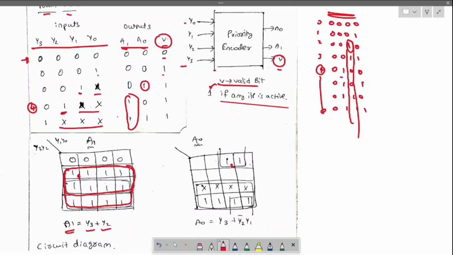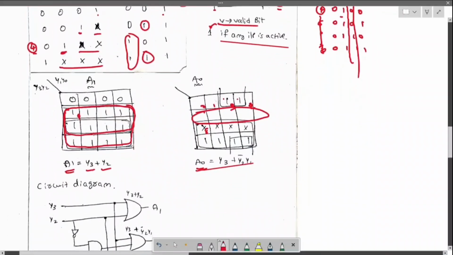It is 2 and 3, right? 0 1 2 3, so 1 1, and from the 4th case it is missing. 4 5 6 7 are missing. Now from 8 onwards it starts again, right? So 8 is the extension. When we simplify this, we get a0 equals y3 plus y2 bar y1.